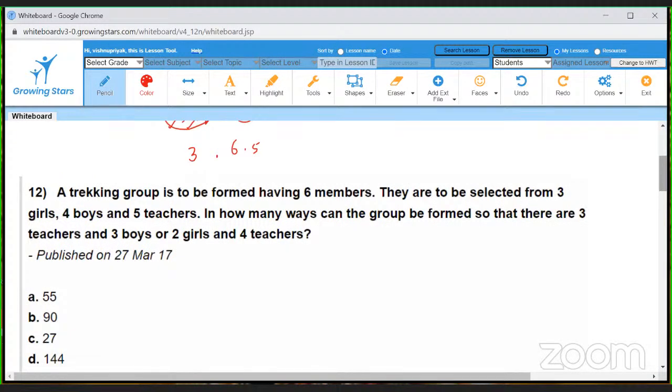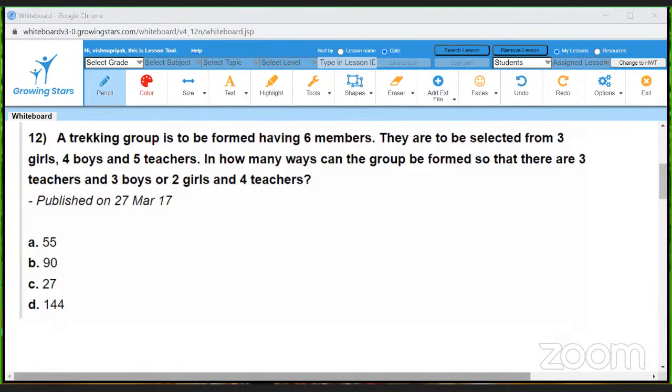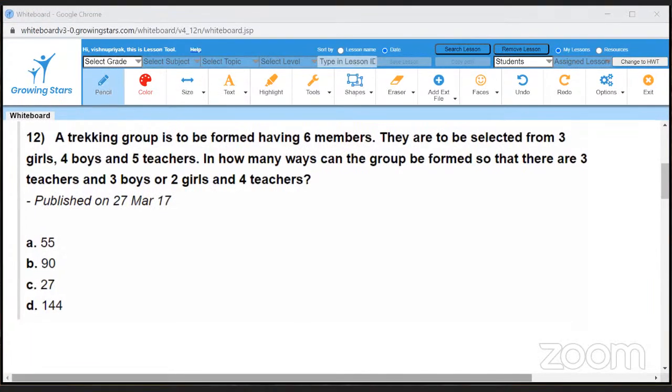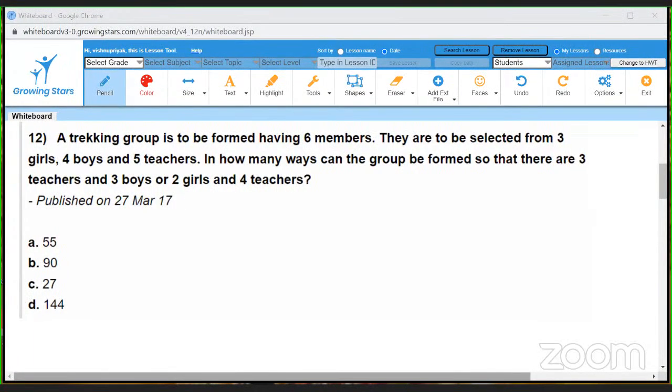A trekking group is to be formed having 6 members. They are to be selected from 3 girls, 4 boys, and 5 teachers. In how many ways can the group be formed so that there are 3 teachers and 3 boys, or 2 girls and 4 teachers?